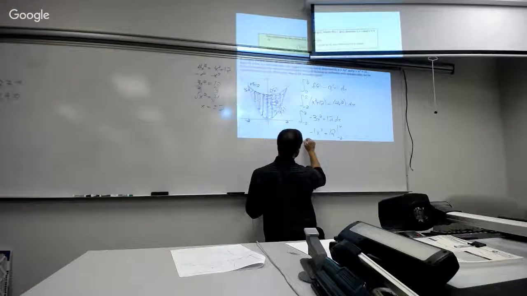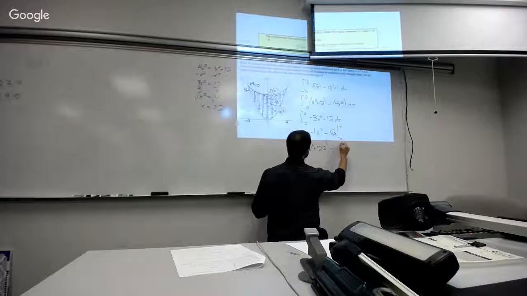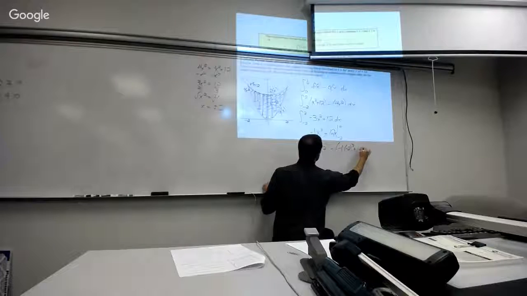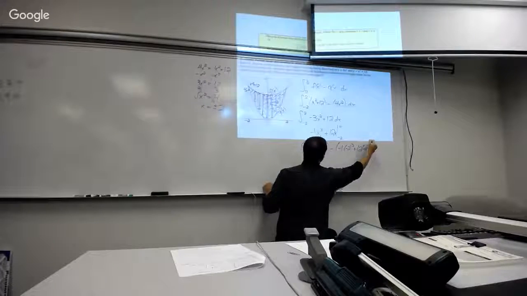That gives us -1 times 2 cubed plus 12 times 2, minus -1 times -2 cubed plus 12 times -2.